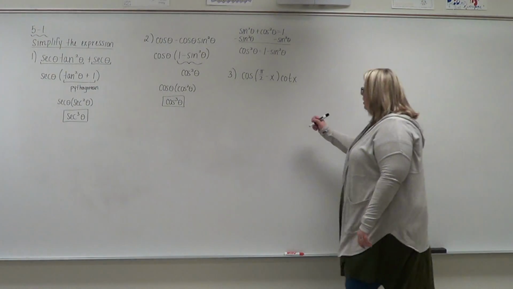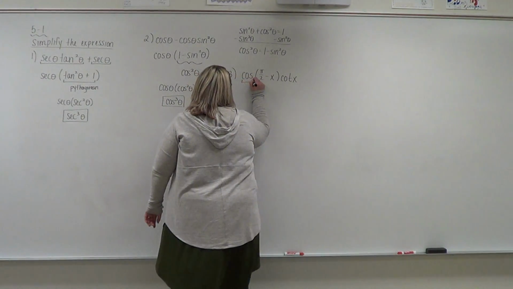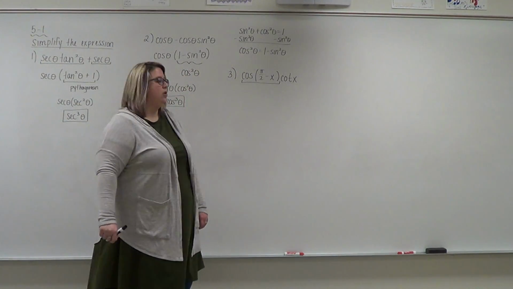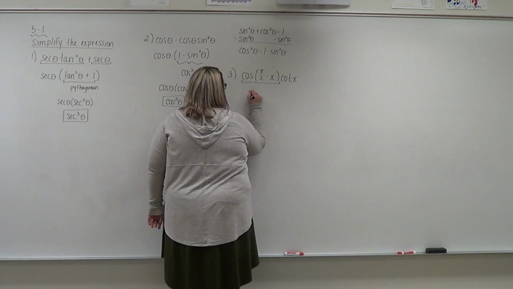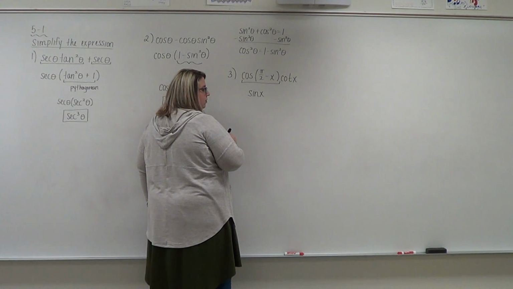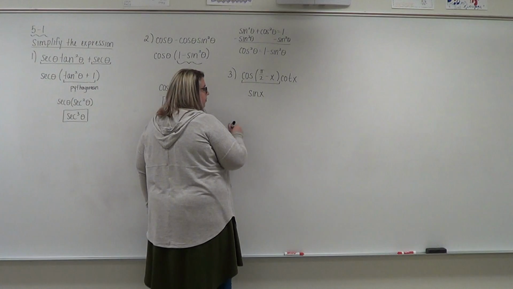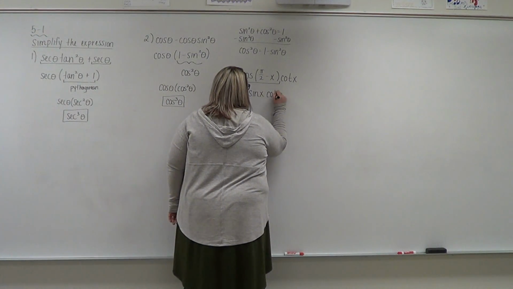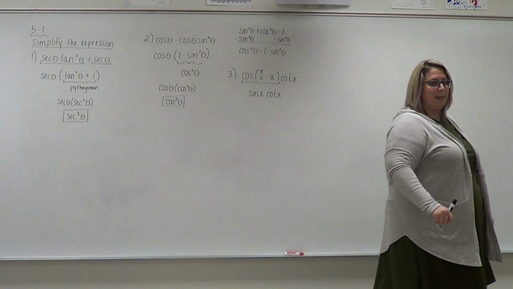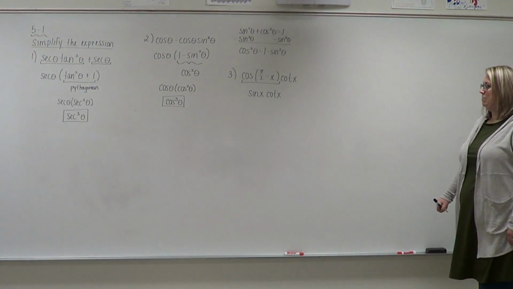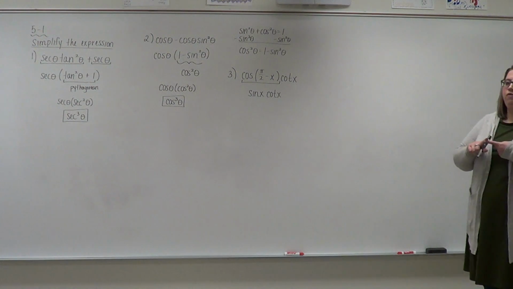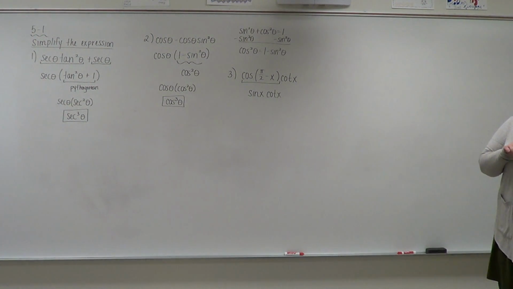Do you see this down there underneath the co-function identities? What does it say this is equal to? Sine u, right? So this would become sine x. You only use co-function and even-odd if it looks exactly like what it is on the paper.